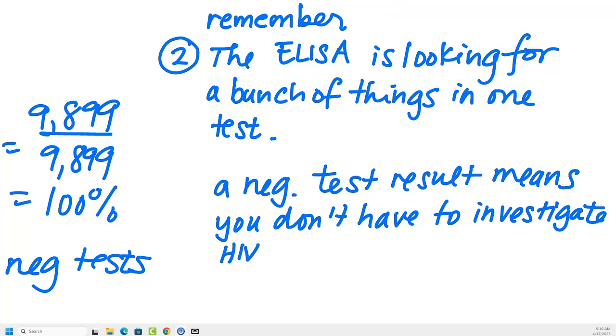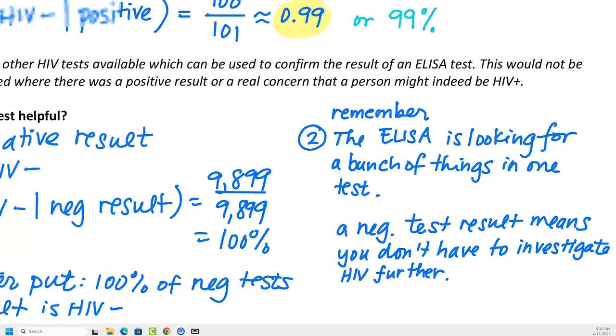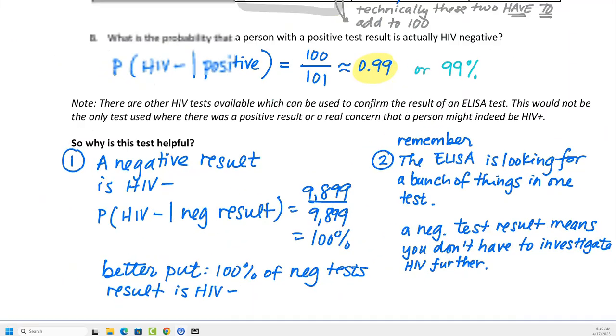I'll write HIV further since that's the context, right? But a positive test result would mean that you'd have to investigate further, okay? I'll leave it there, but I'll just put it in words, okay? And I'll wrap up the lesson there.